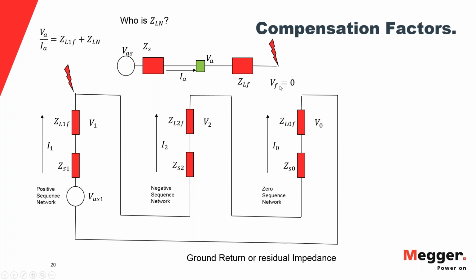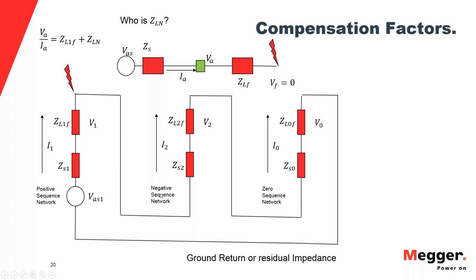and now we are going to use the sequence network equivalent circuit, which in this case, since the voltage of the fault is 0, we are simply connecting in series the three networks. Here we have the positive sequence network with its positive sequence current and the impedance, and we also have the source voltage and the positive sequence impedance of the source.